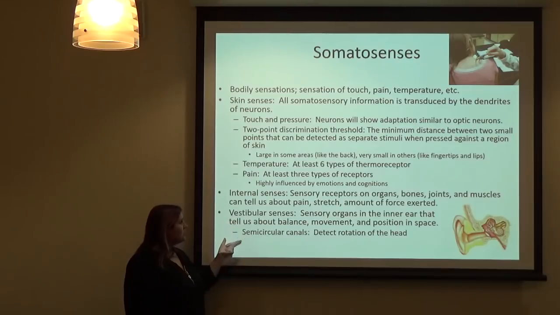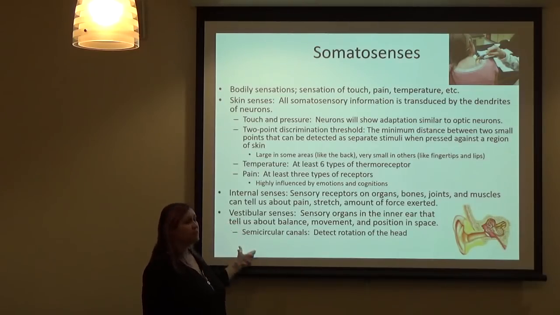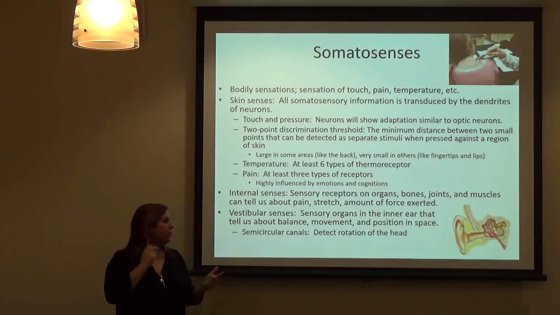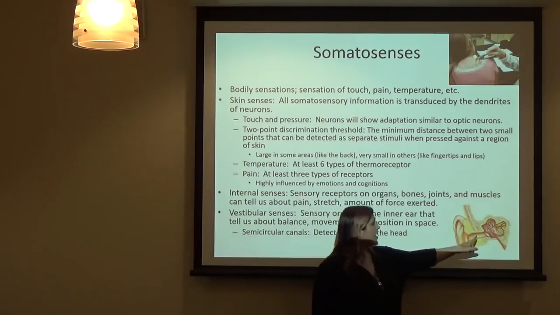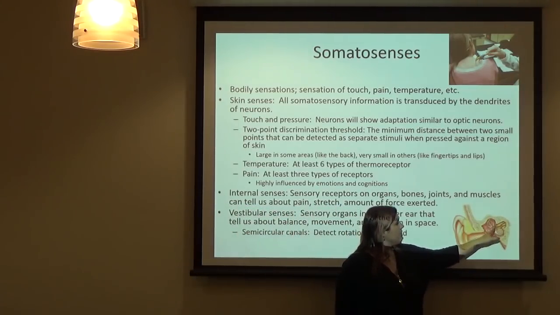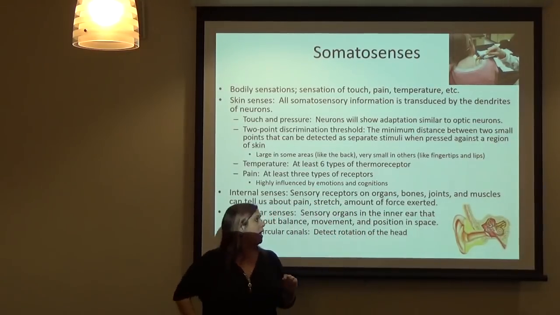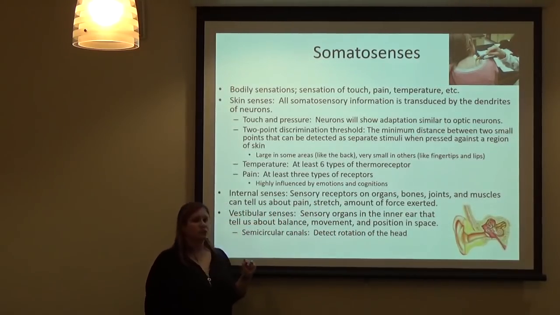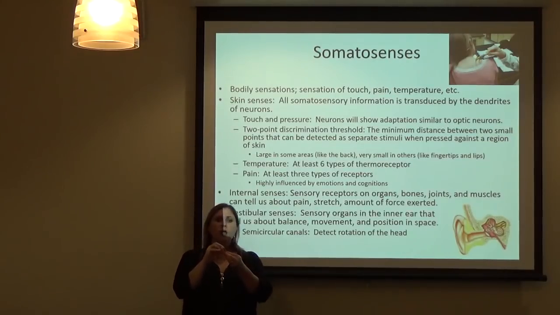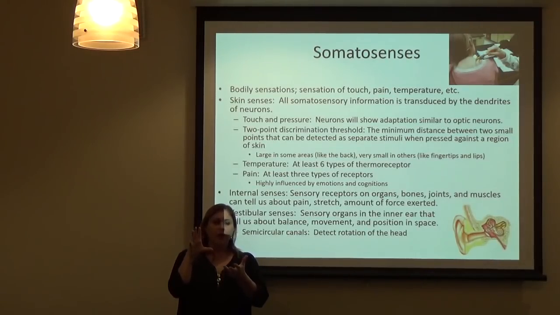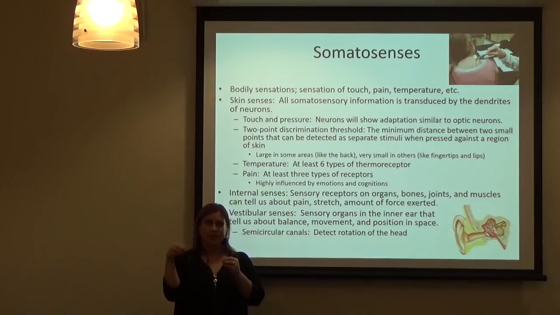And then lastly, the last thing I want to mention are your vestibular senses. Next to your cochlea, you have these three semicircular tubes that make up your vestibular system. And they're full of a really thick jelly-like substance.